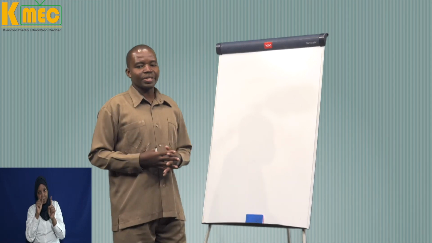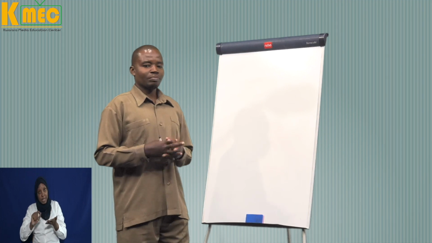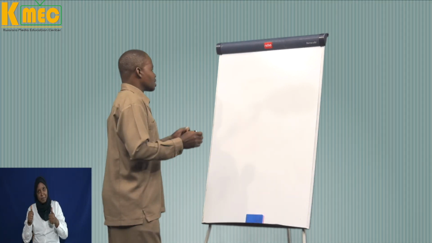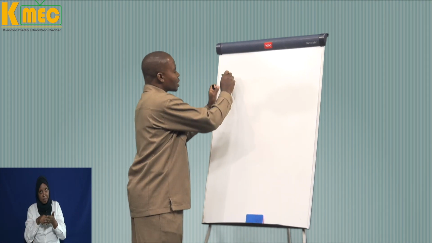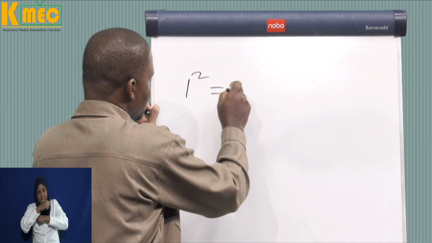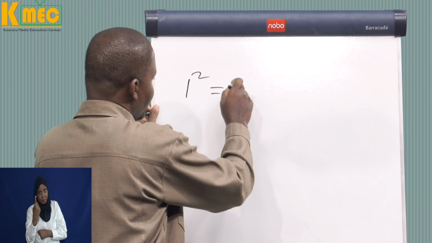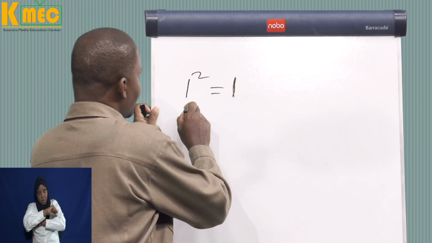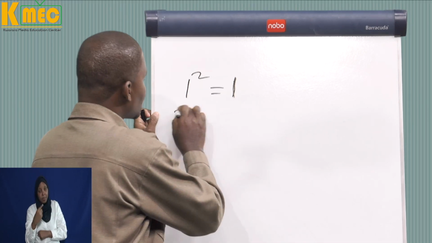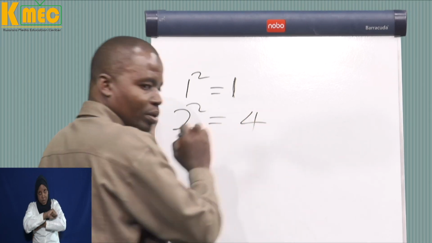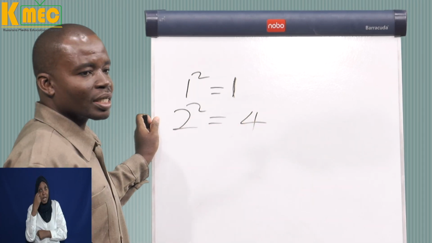Please let me remind you with the examples. Please watch and listen very carefully. For example, when I write 1 squared, this is equal to 1. And then 2 squared is equal to 4.